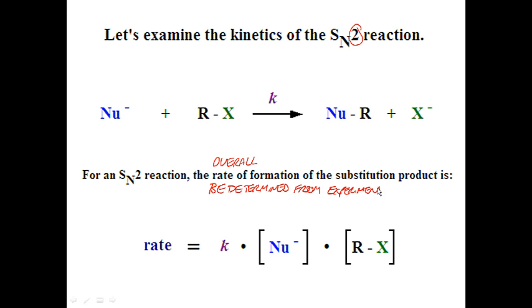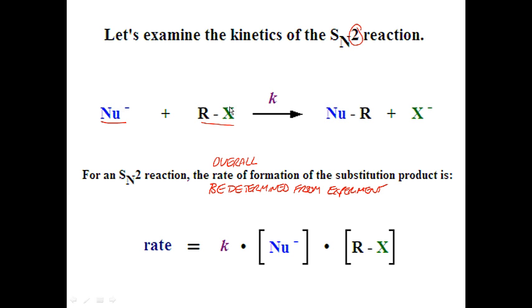So what people did was they doubled the concentration of the nucleophile, held the concentration of the alkyl halide constant, and determined the rate of the reaction. So when I double the concentration of nucleophile, what happens to the reaction? Does it remain the same? Does it double? Does it quadruple? What happens to the rate of the reaction when I double the concentration of nucleophile?